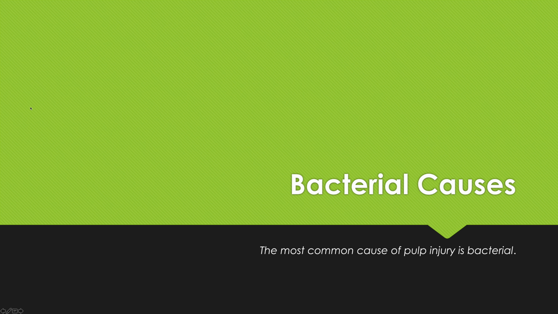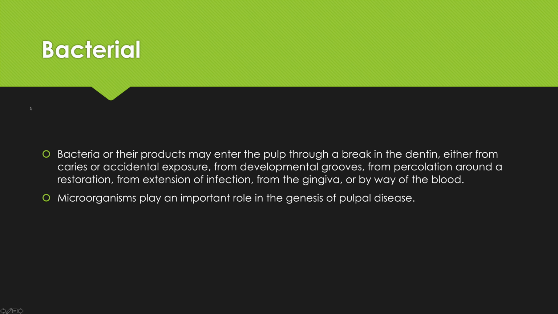Coming to the next cause, which is the bacterial cause, and the bacterial cause is the most common cause of pulp injury. As for bacteria, their products may enter the pulp through a break in dentine, either from caries or accidental exposure, from developmental grooves or percolation around restoration with poor margins, or from extension of an infection from gingiva or from blood.